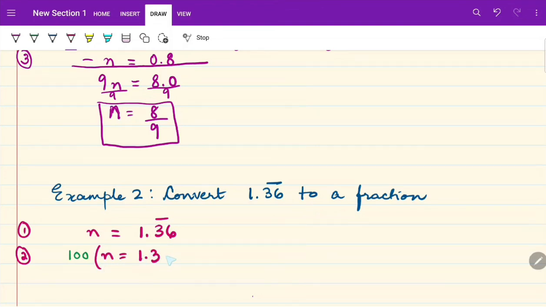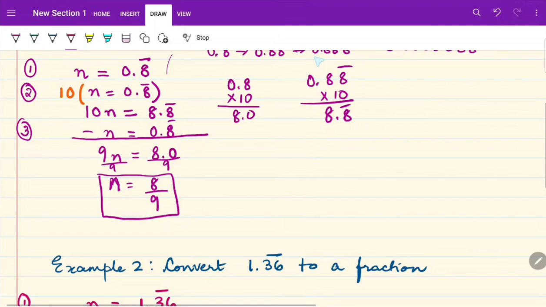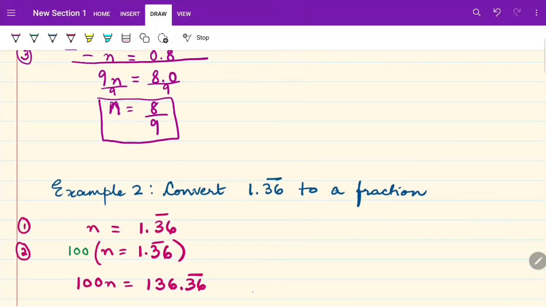When I complete the multiplication, I'm going to end up with 100n equals 136.36 bar, because when you multiply 1.36 bar by 100, you get 136.36 bar. Again, I'm going to show you, just like I did with 0.88 bar ending up as 8.8 bar when multiplied by 10, it's going to be the same process.